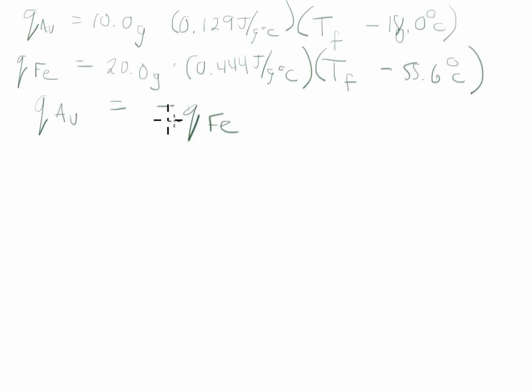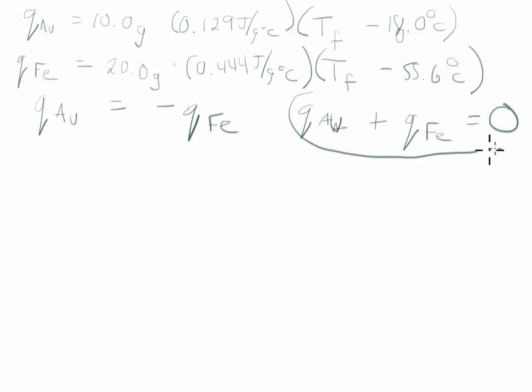So this is positive, this is negative, or we can say the heat gained by the gold plus the heat from the iron equals 0. Getting here is really the hardest part of this problem. The rest of it is a little bit of algebra.